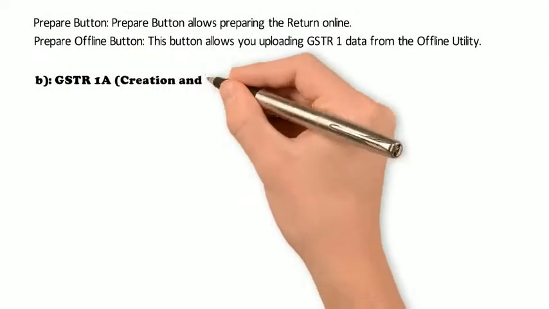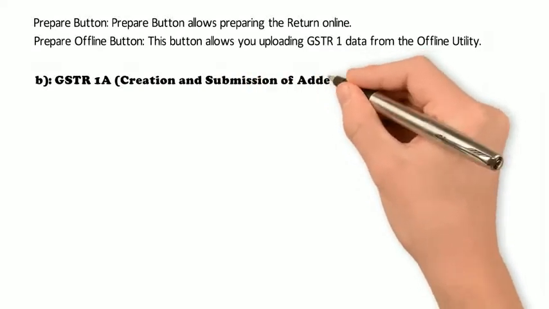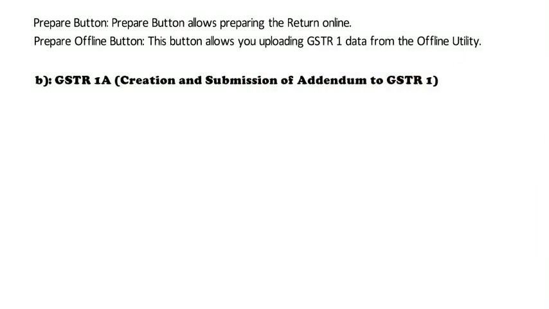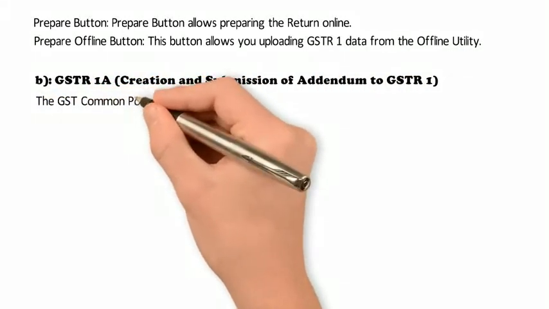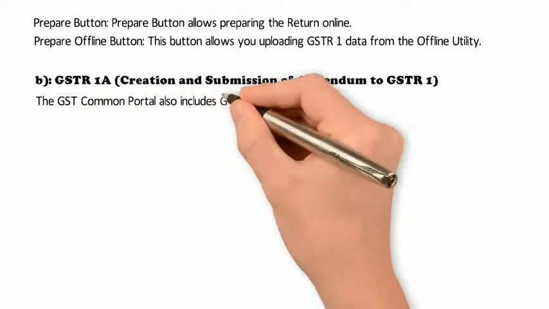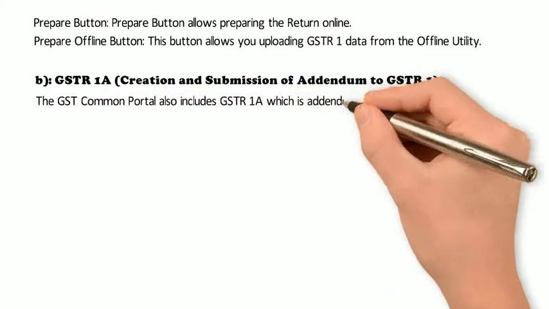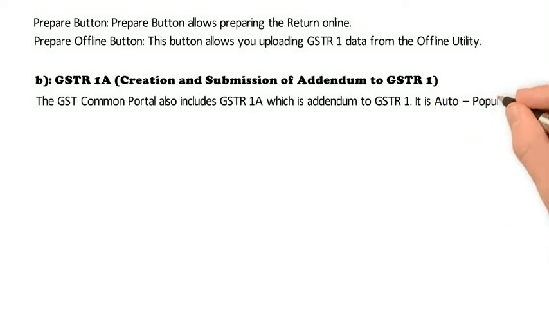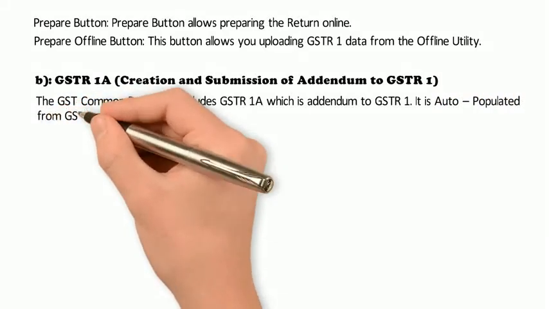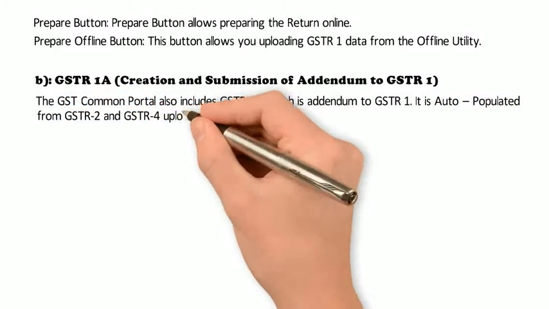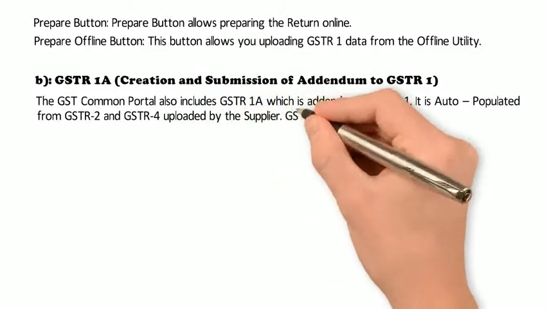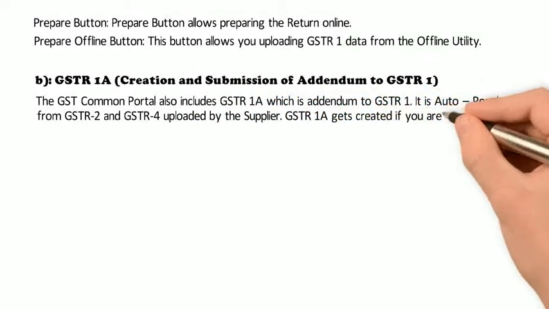B. GSTR1A. Creation and submission of addendum to GSTR1. The GST Common Portal also includes GSTR1A, which is an addendum to GSTR1. It is auto-populated from GSTR2 and GSTR4 uploaded by the supplier.